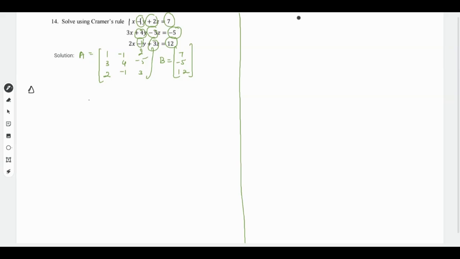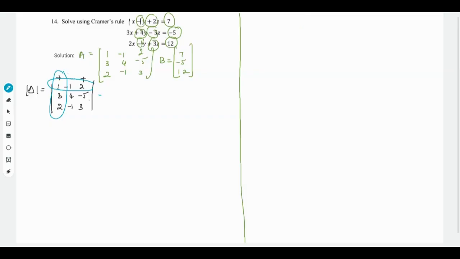So that will be the determinant of A, which is 1, minus 1, 2, 3, 4, minus 5, 2, minus 1 and 3. So now we take plus, minus, plus. First row, first element: we consider the first row and first element, and that row and column will be neglected.